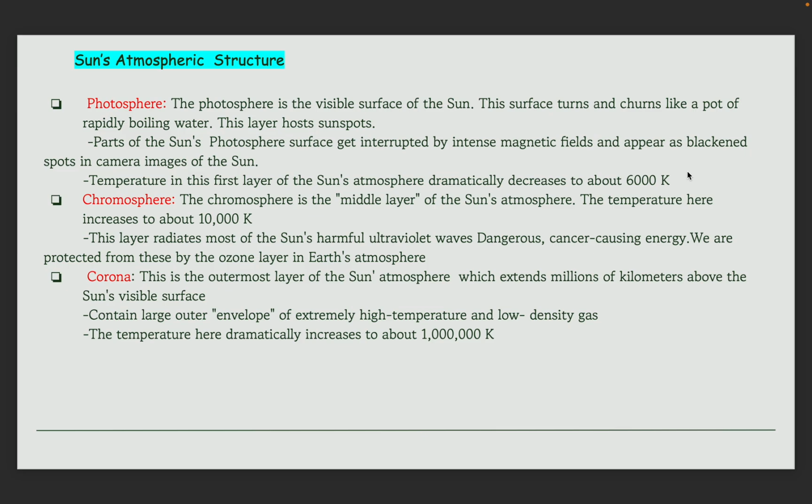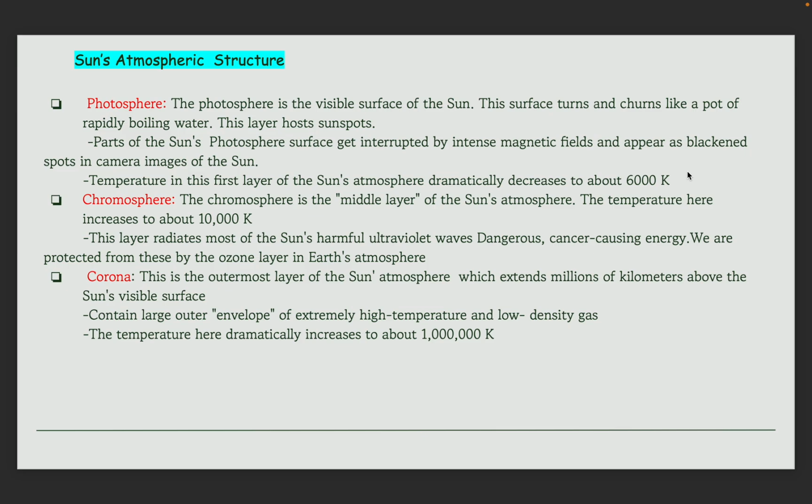The photosphere can be called a rapidly boiling water surface, and parts of the sun's photosphere get interrupted by the intense magnetic field inside the sun, and some black spots, that is the intense magnetic field spots or the sunspots, are seen at the photosphere.